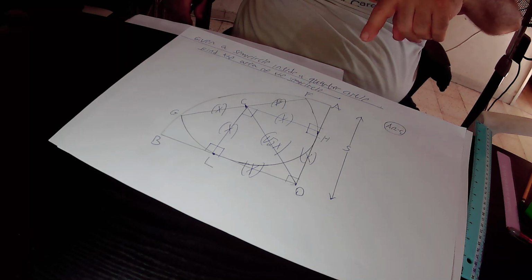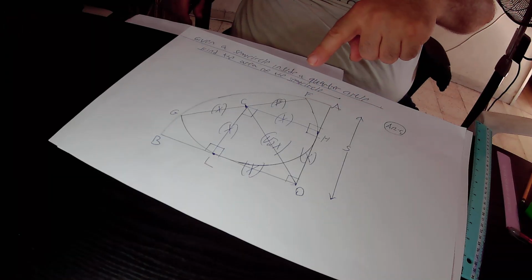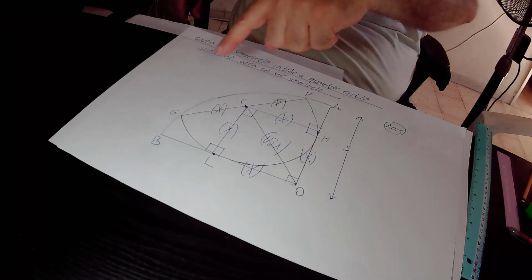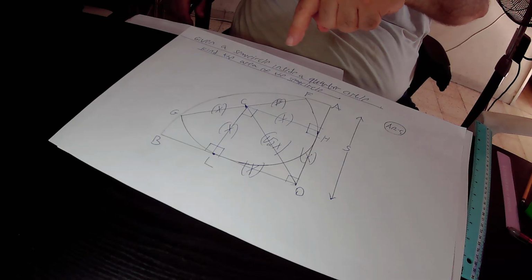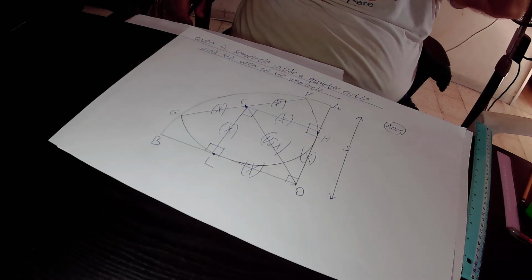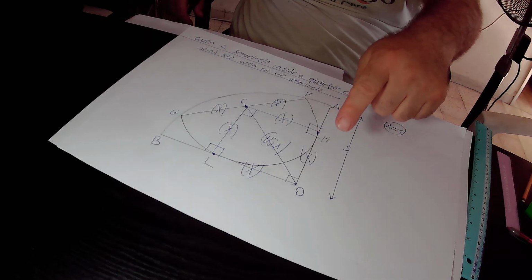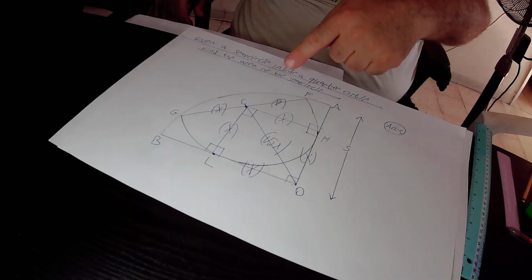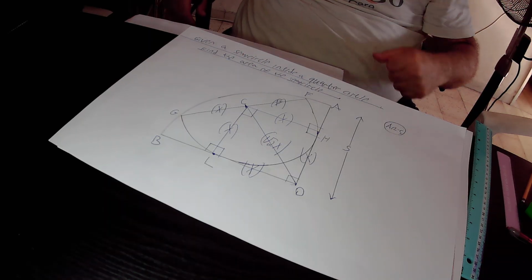Because line segment OC divides chord FG into two halves. Each half equals x. CF equals x and CG equals x. So line segment OC, drawn from point O, the center of the quarter circle, bisects chord FG. And therefore we can implement rule 7 here.